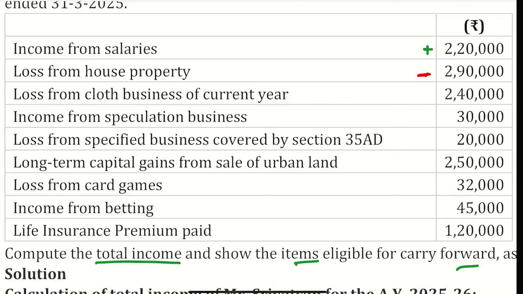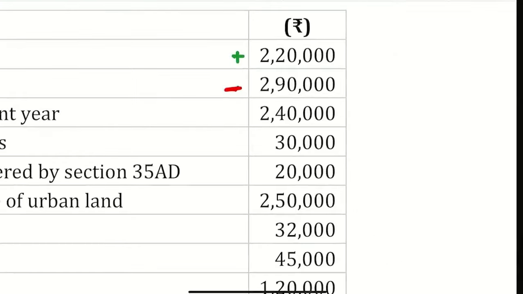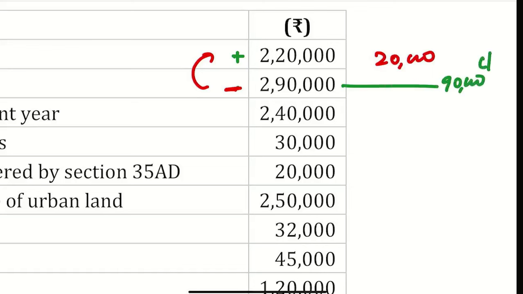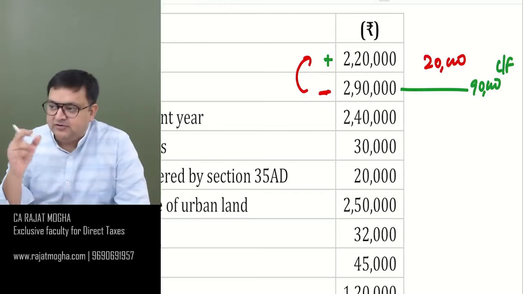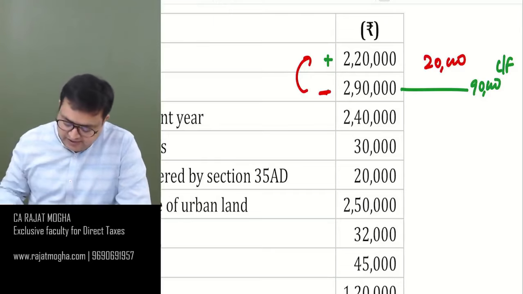Yes, it can be set off from different other heads also, but maximum 2 lakh. So after that, my income will become 20,000. Correct? And 90,000 to be carried forward. I believe everybody understood it. 90,000 to be carried forward and my income will become 20.